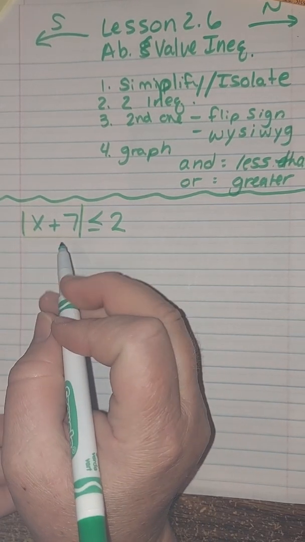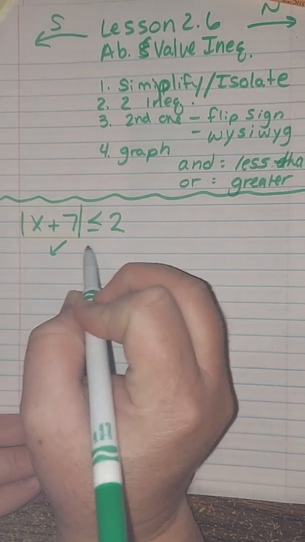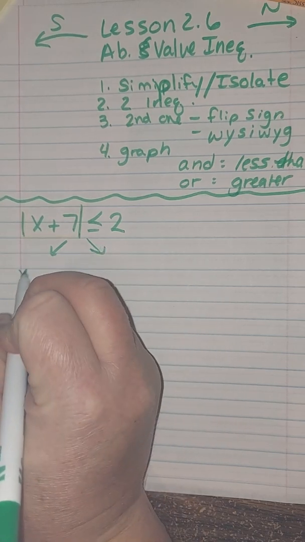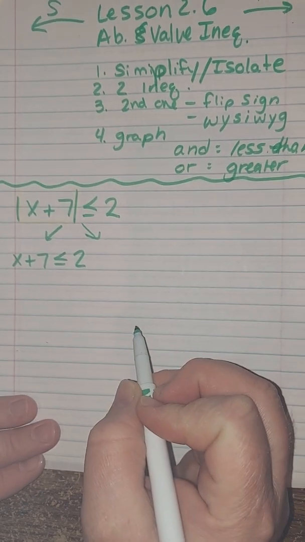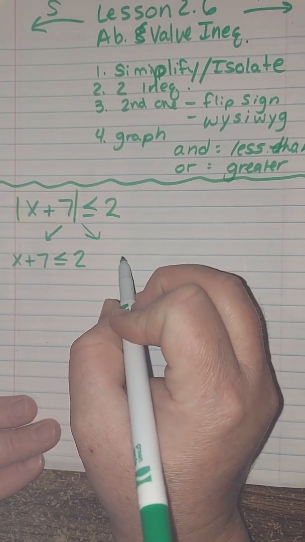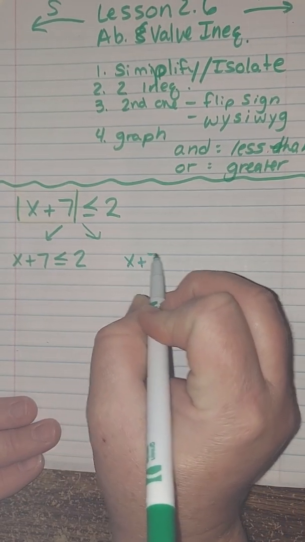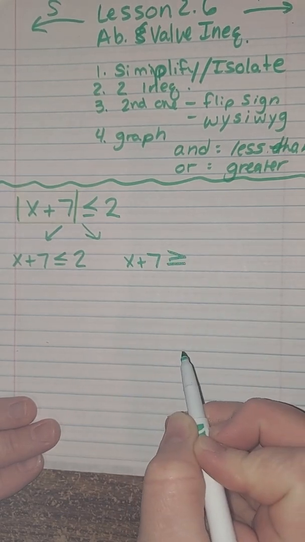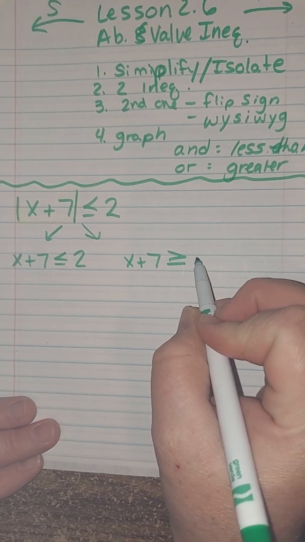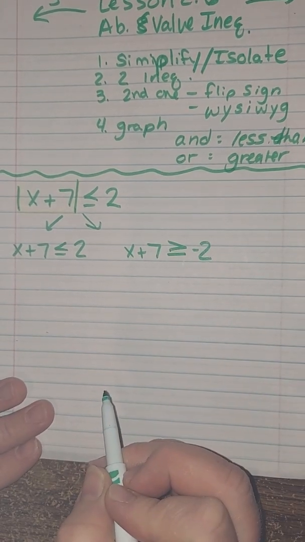So now we need to set up the two scenarios. x plus 7 is less than or equal to 2. What you see is what you get. The other one is x plus 7, flip the sign, and make this not a 2, but a negative 2.